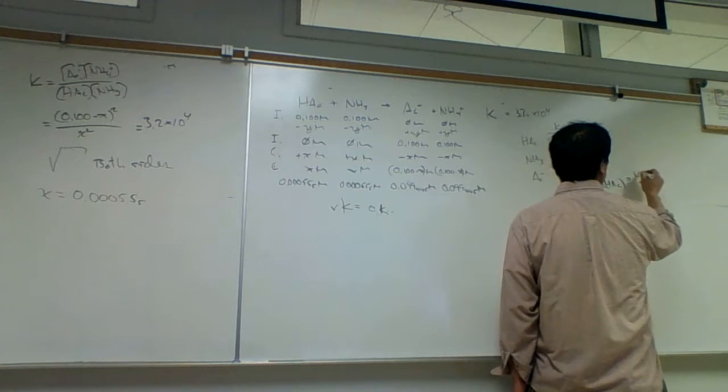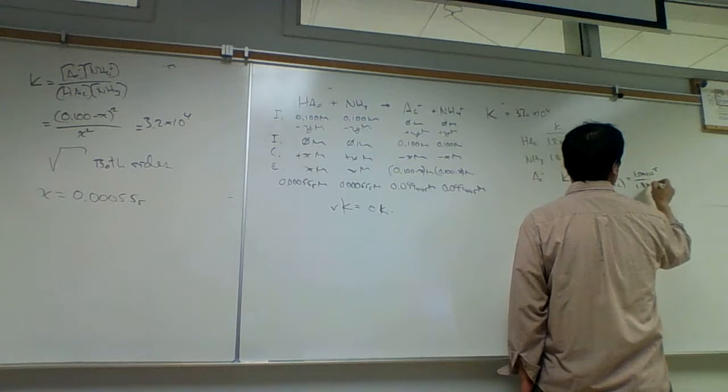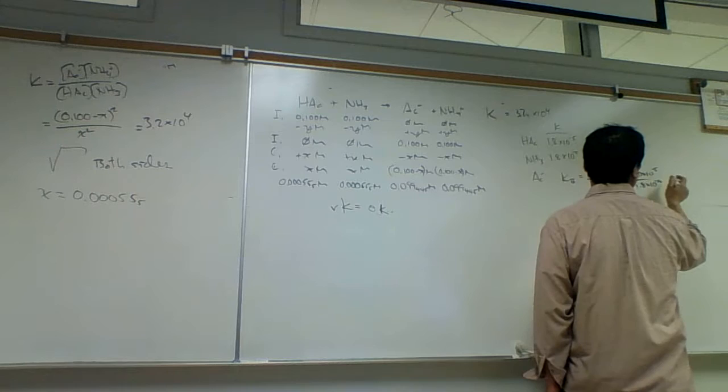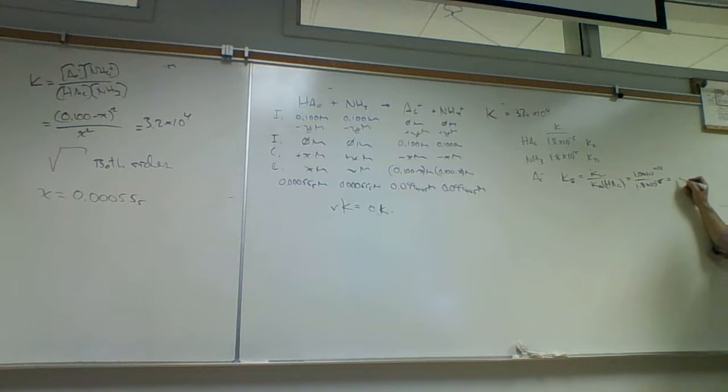So this is 1.0 times 10 to the minus 14 divided by 1.8 times 10 to the minus 5, which gives us, what is it, 5.55 times 10 to the minus 10? Is that right? Yes.